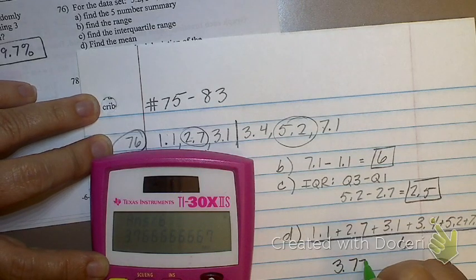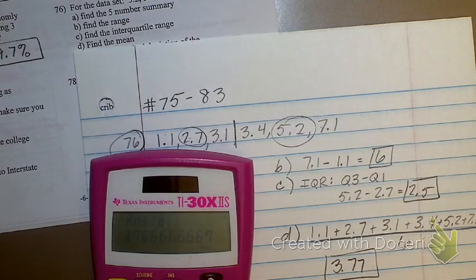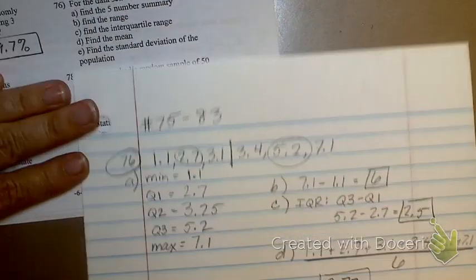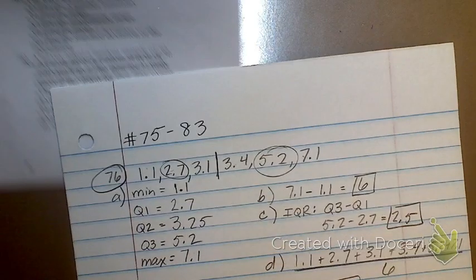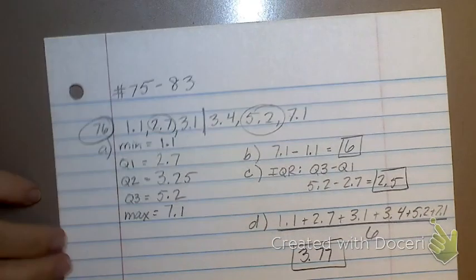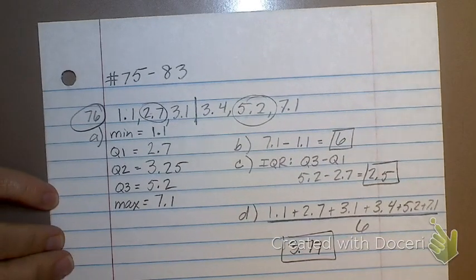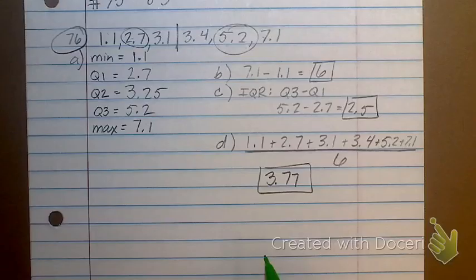And I call that 3.77 because it's 3.76666666. All right, and the population standard deviation. I think we need to find it for the sample and the population, but we'll see.